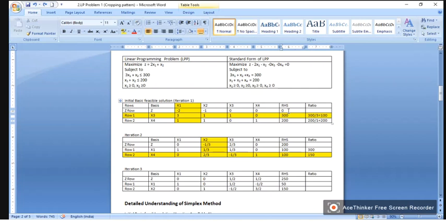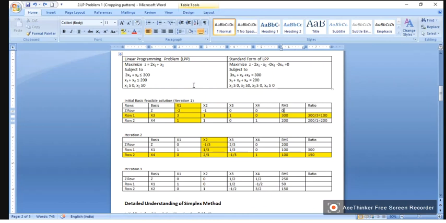Now, can we say that this is the optimal solution? We can't say that this is the optimal solution. Why? We have to think like this. Right now x1 is equal to 0.